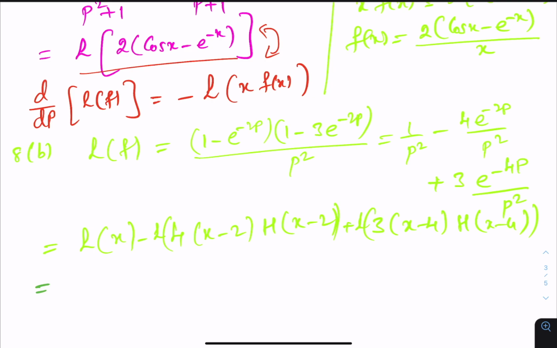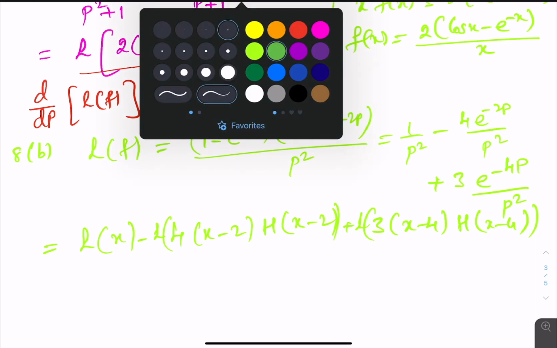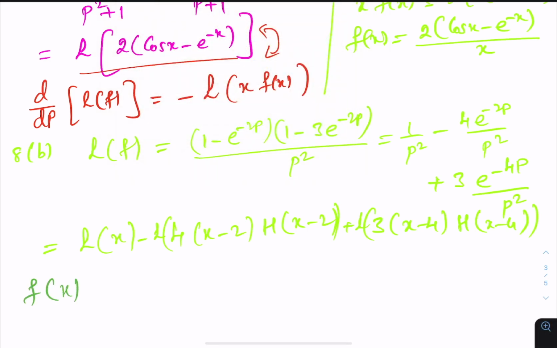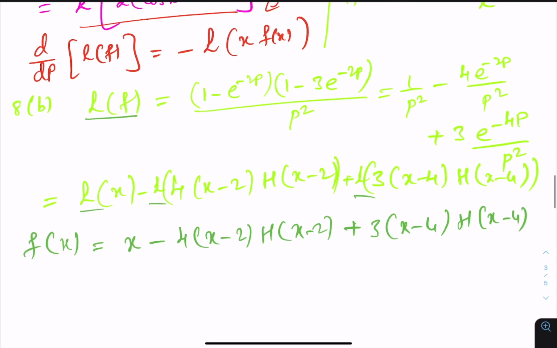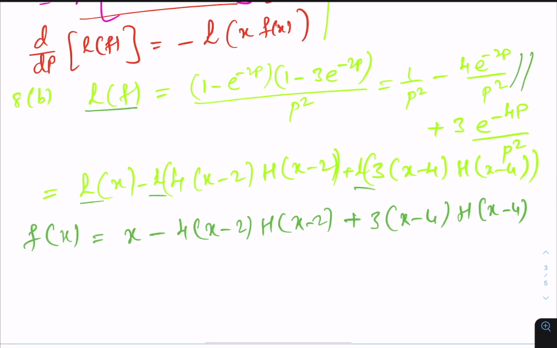So by linearity, because there is an L everywhere here, f of x is equal to x minus 4 times x minus 2 h of x minus 2 plus 3 times x minus 4 h of x minus 4. Okay, so here again we have used the second shifting theorem to write this as translations.